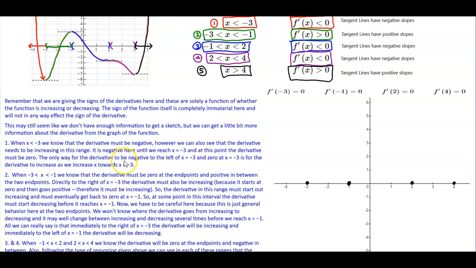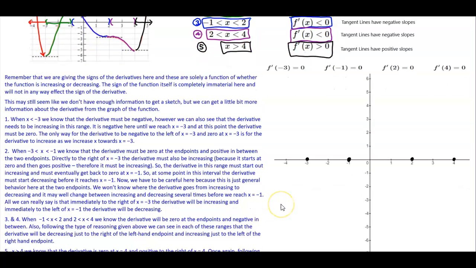The only way for the derivative to be negative to the left of x equals -3 and 0 at x equals -3 is for the derivative to increase as we increase x towards -3. So we are increasing until we get to that 0. Here you can see that below the x-axis represents our negative. So therefore, the derivative is increasing towards -3.